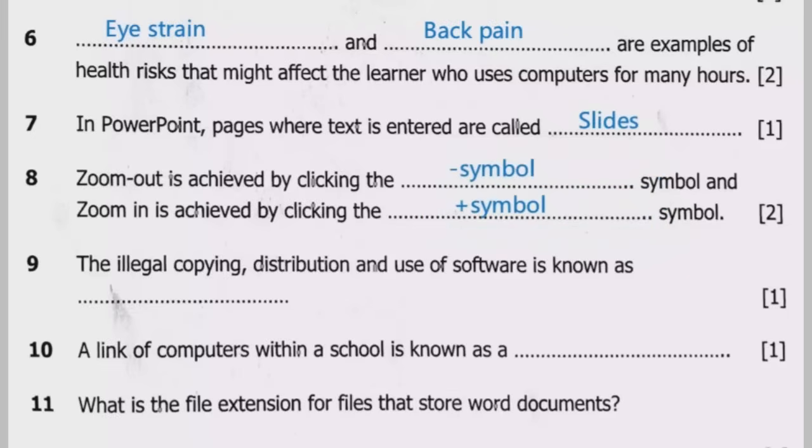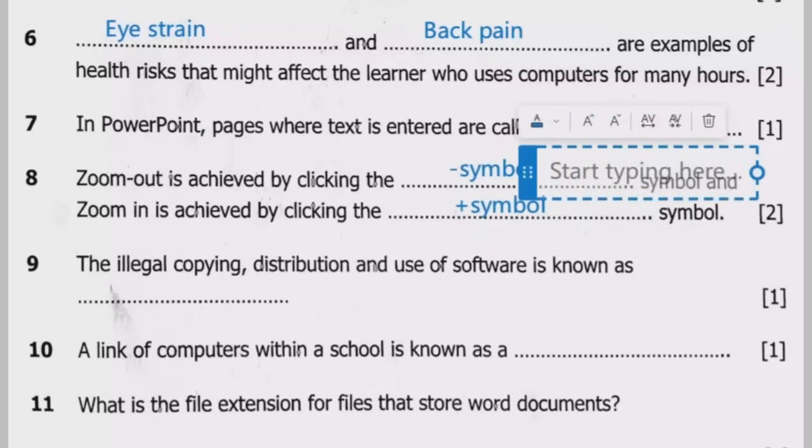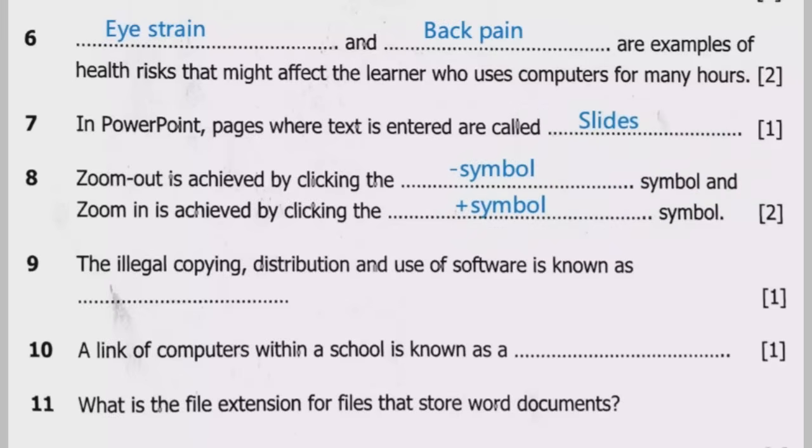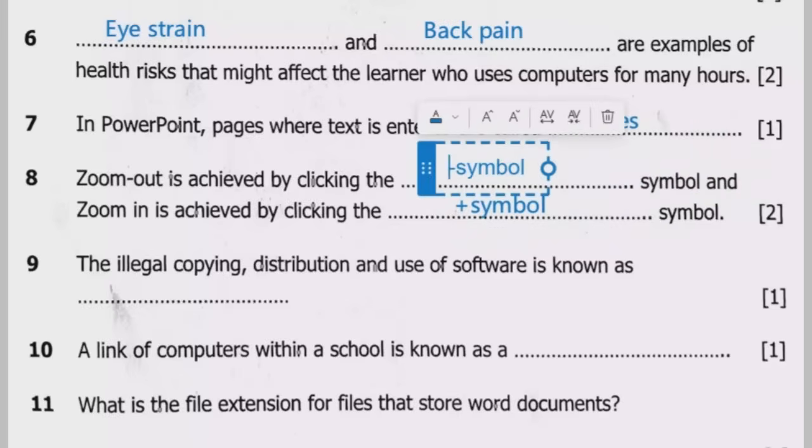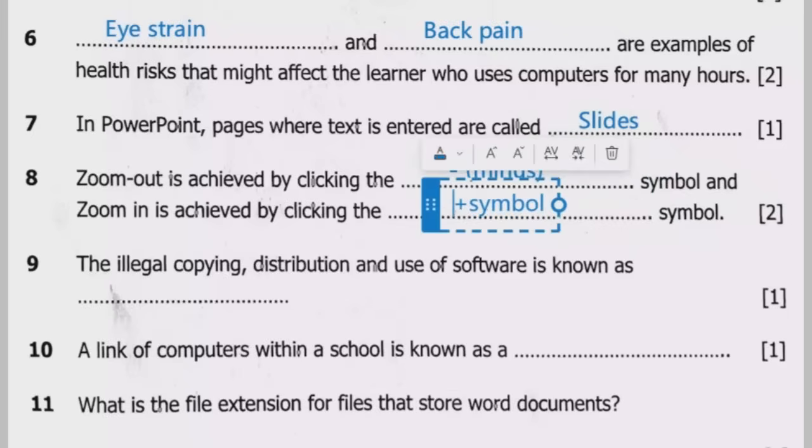I can see the way this symbol is written, I didn't pay attention to that as well. So you click the minus symbol, which I'm going to put in brackets and write minus symbol, and down here I'm going to do the same.